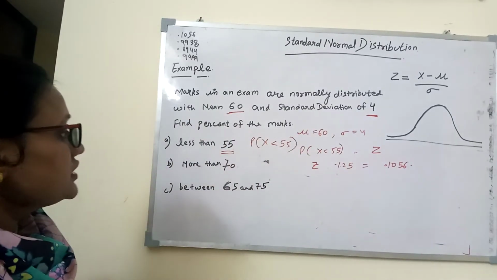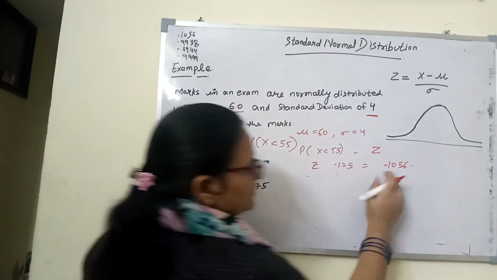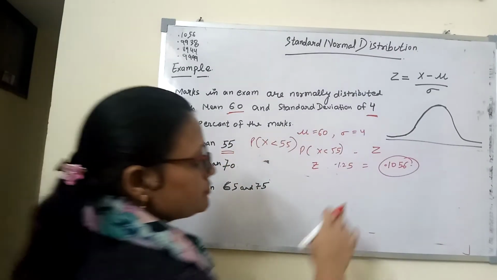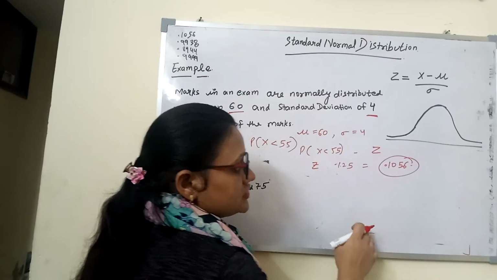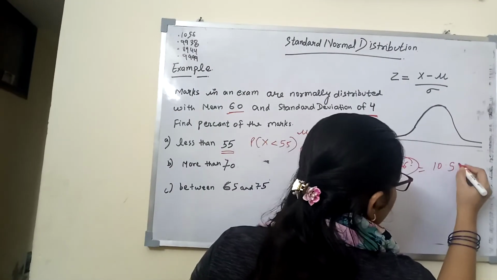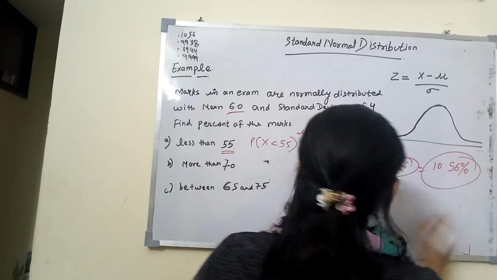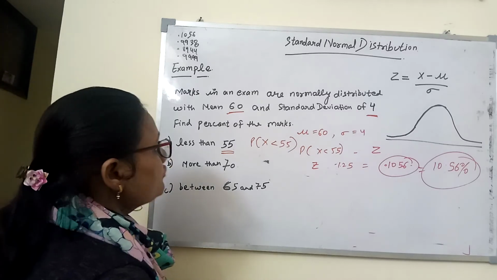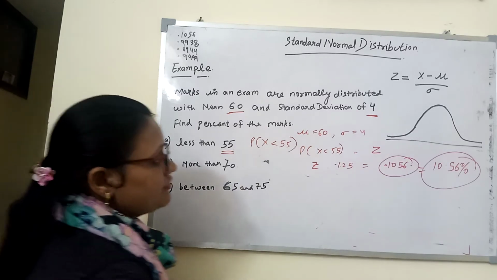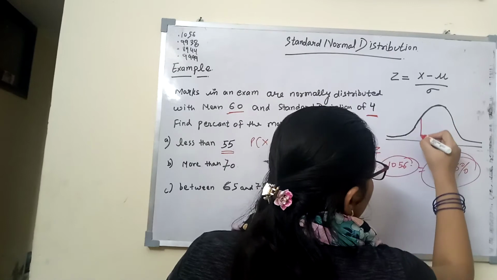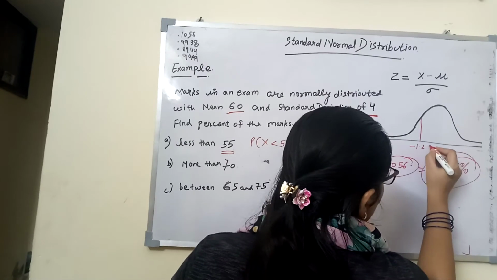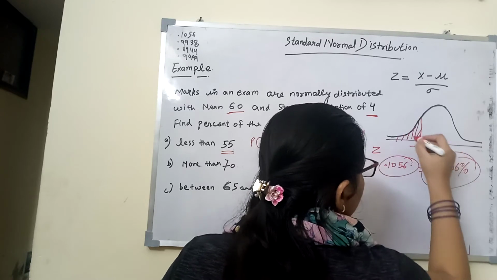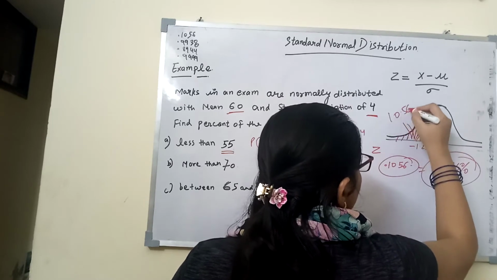So this is the probability that the marks are less than 55: 0.1056, and if we convert this into percentage, the value is 10.56%. This is how we calculate in case of less than 55. And if we see this graph, our z score is minus 1.25, and this area is 10.56%.